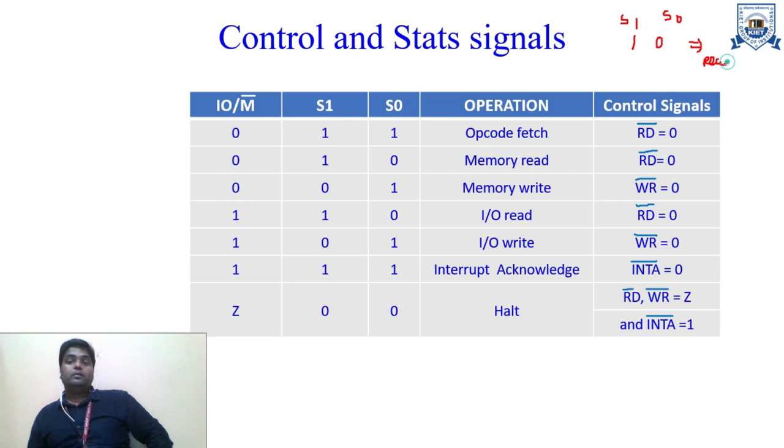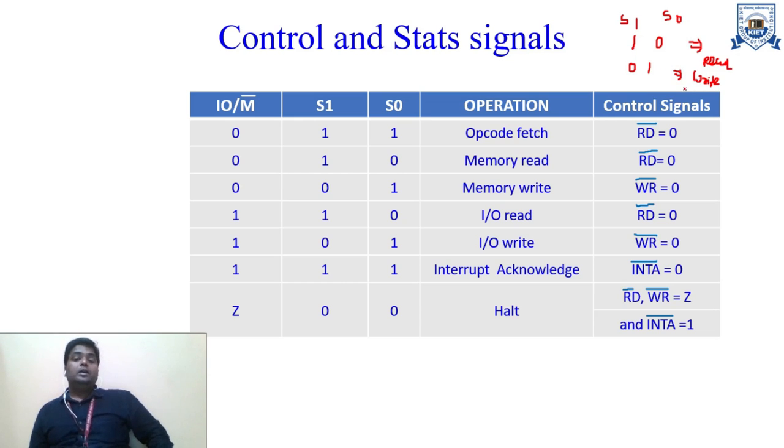Right now I am not saying whether it is memory read or IO read, but when S1 and S0 is equal to 1 0, then it is your read operation. When it is 0 1, then it is your write operation. Still it is not clear whether this write operation is to memory or input output devices, but it is clear that when S1 and S0 is equal to 0 1, it will provide the write operation.